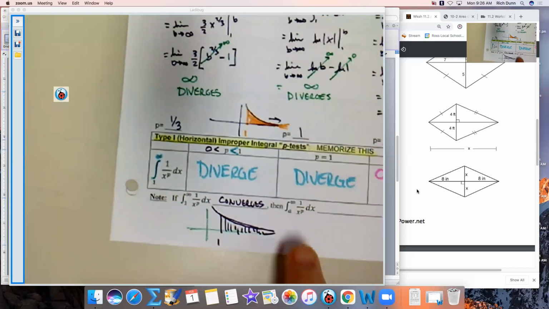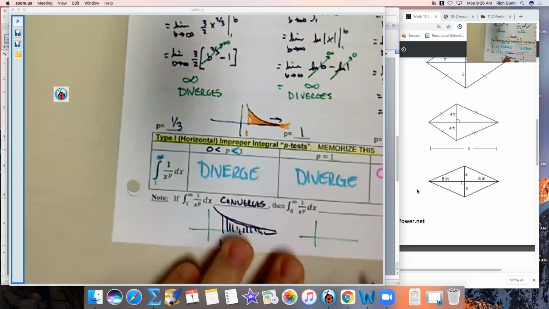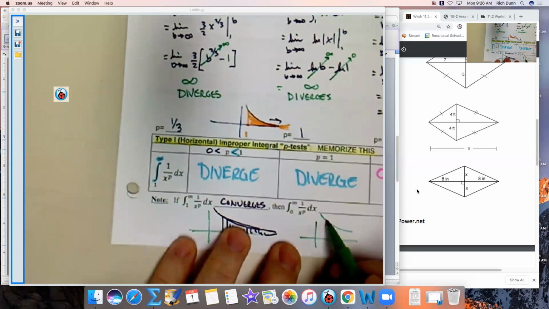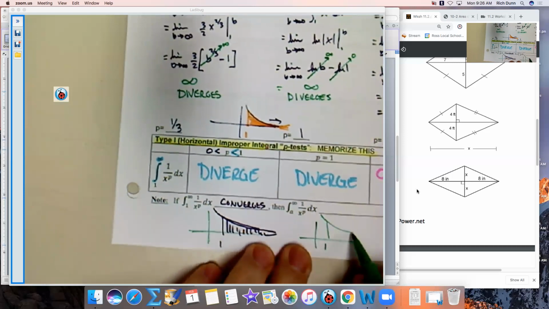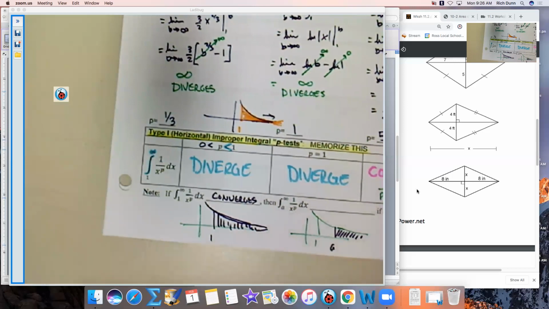Okay? Now, if I take that same function, but rather than evaluating it from 1 to infinity, I choose some number here, a, and evaluate that to infinity.